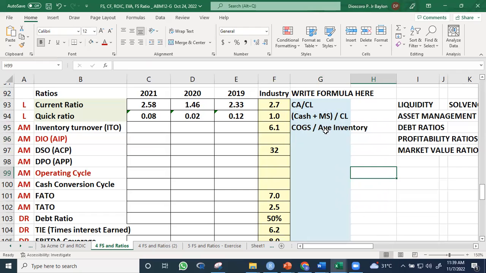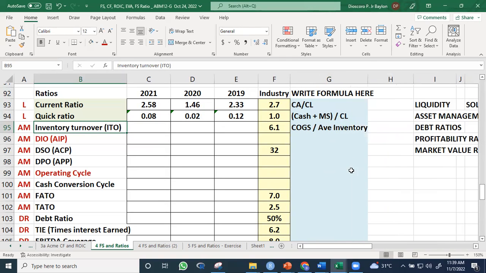All right, so this is the formula. No? Cost of goods sold over the average inventory. Now, in some books or in some cases, you might see that it's cost of goods sold divided by the inventory. For our purposes, I prefer using average inventory. Why?